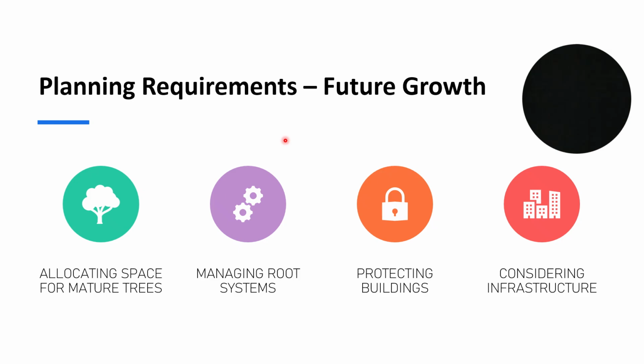When we do the planning for plants and trees, we have got to consider the future growth. We have to allocate the space for mature trees. We have to look at the root system, how the roots can travel, and if they are going to interfere with any drainage and water mains, protect the building and consider the infrastructure.